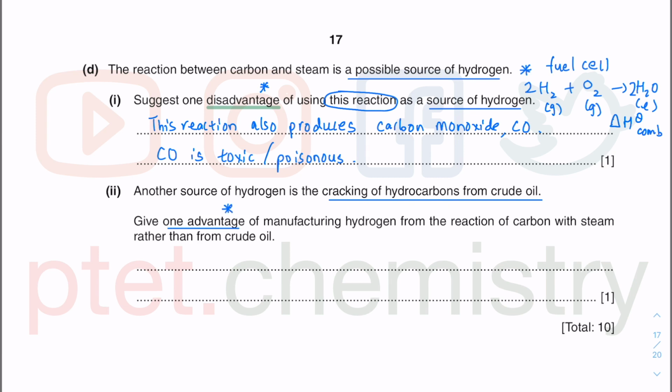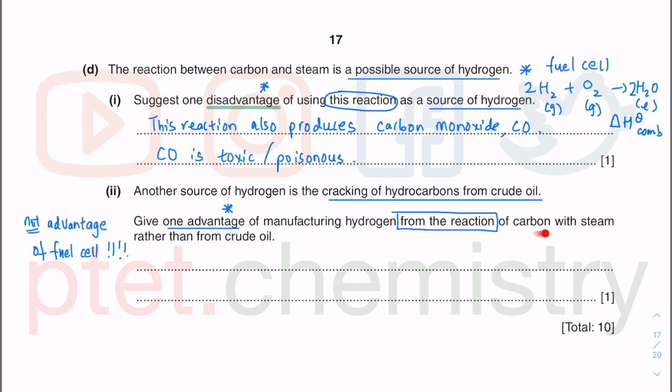Advantage means good point. Manufacturing hydrogen from this reaction. Careful with the question. It is not asking you for the advantage of the fuel cell. It is asking you for the advantage of the method in particular. So always read the questions and think about them carefully. So rather than from crude oil, why is it important?